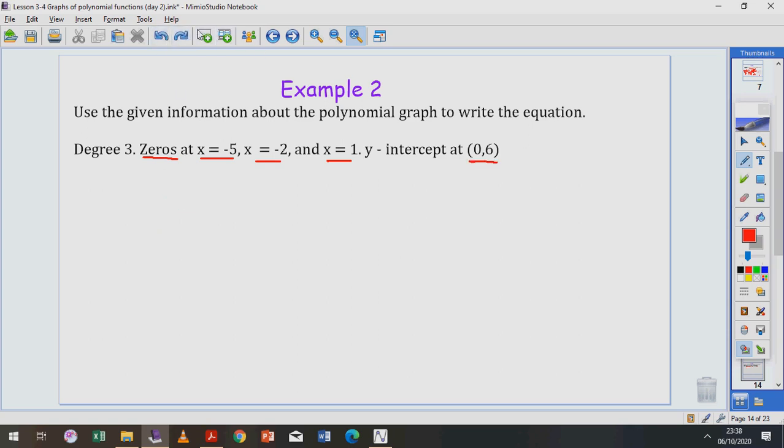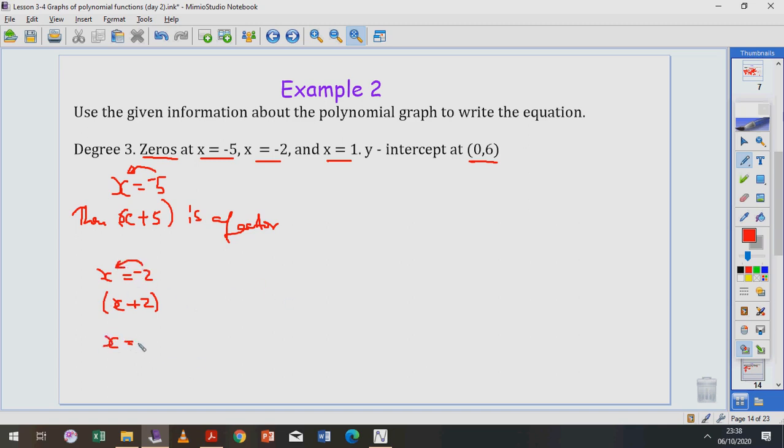So remember, if x equals -5 is a zero, or is a solution, or is a root, then that means that x plus 5 is a factor of that polynomial, coming from the fact that the 5 moves over this way. Then that also means that since x equals -2 is a root, x plus 2 is a factor. Again, the 2 is going over that way.